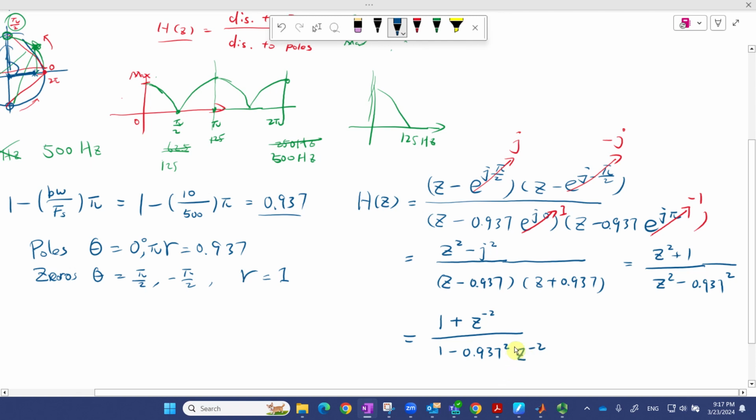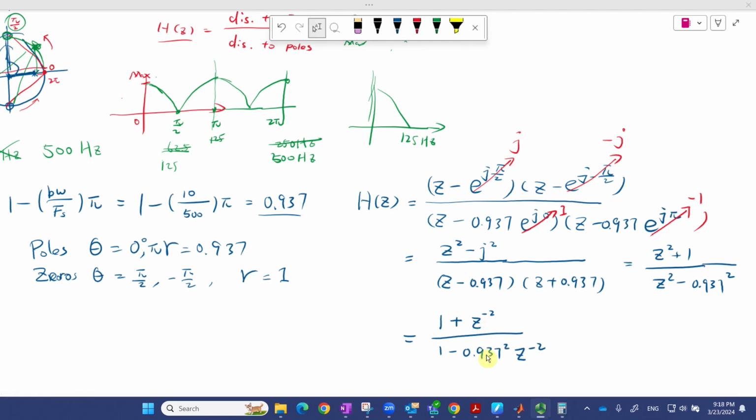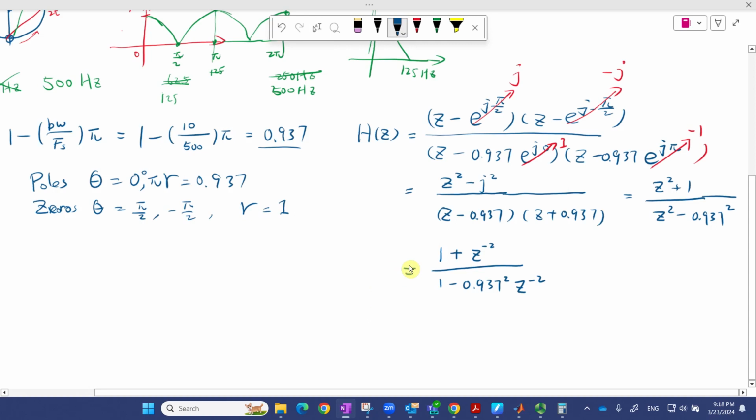So that number, let me use a calculator, equals around 0.87. So we can directly write the difference equation.